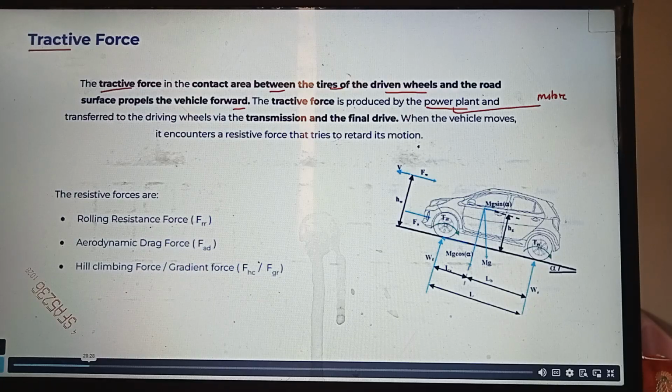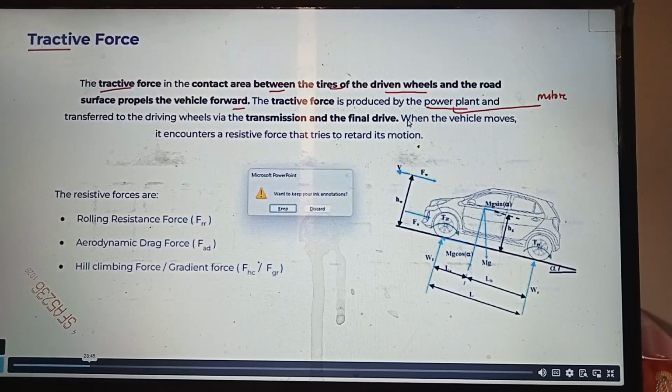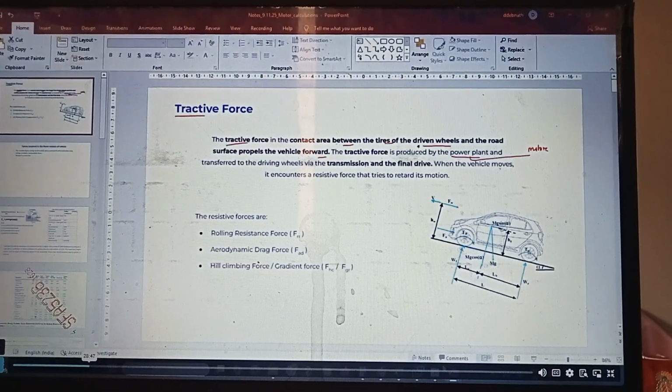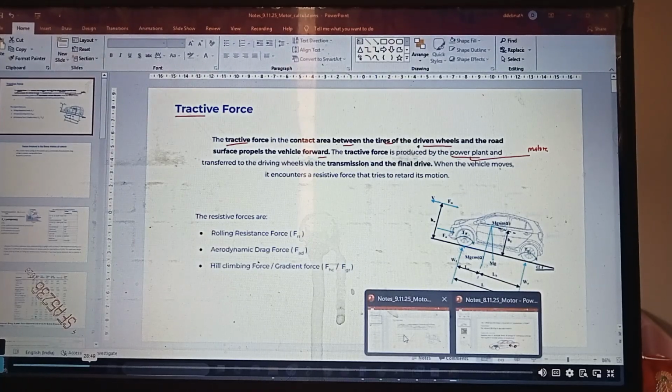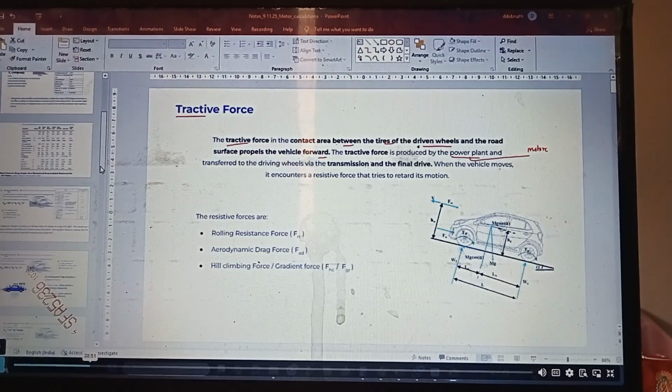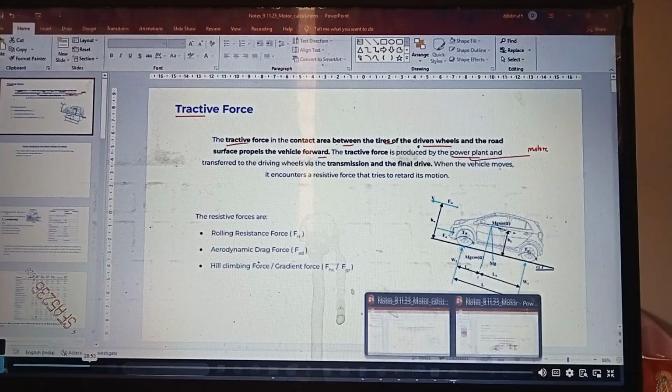So the motor output will be given to the transmission unit. Transmission unit in simple terms is the gear changing arrangement. In electric vehicles we generally have a fixed gear, so we don't need any gear changing arrangement. After that, it goes to the drive shaft, and then it eventually connects to the wheel, right?